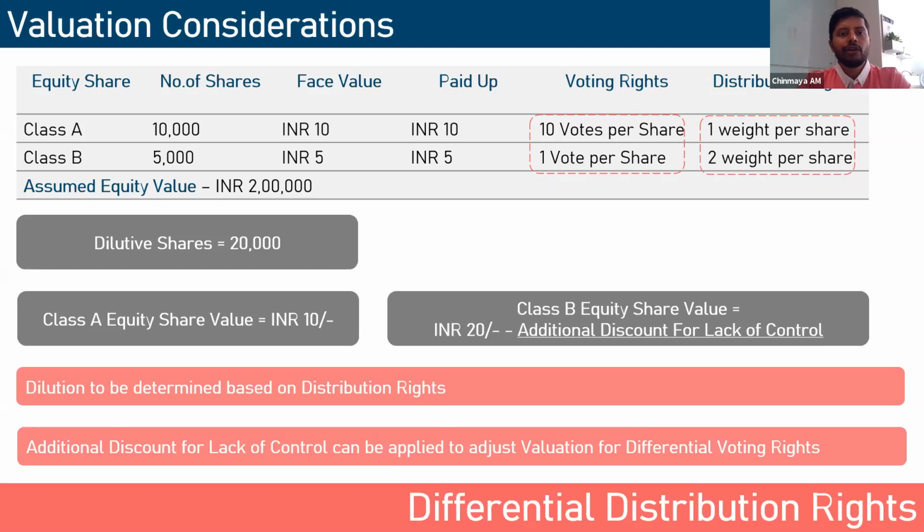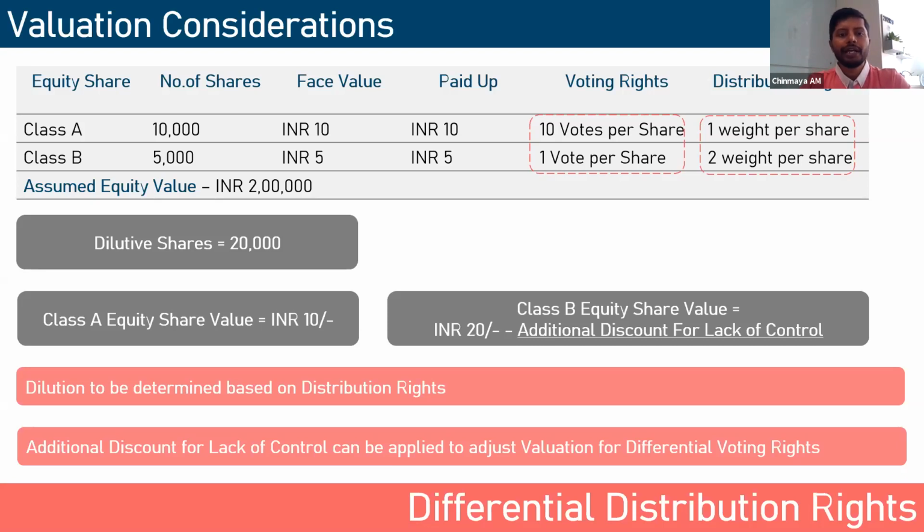Please do not take dilutive shares just as the name itself. In the books of accounts and MCA records, dilutive shares would be 15,000 only. But for the purpose of valuation, to get the right value for each instrument, we will consider that as 20,000, because one share of class B has the economic benefit of 2 shares.